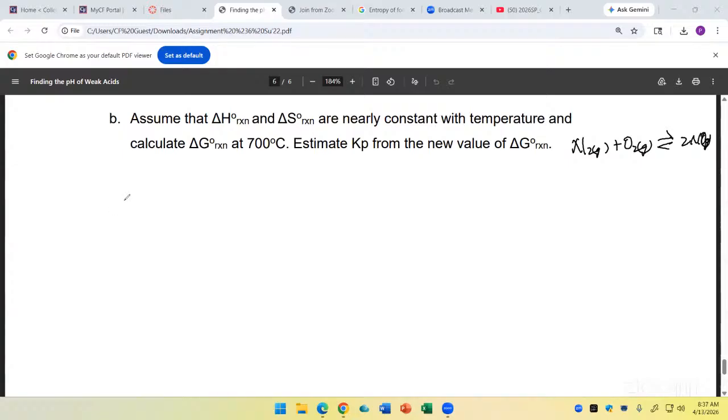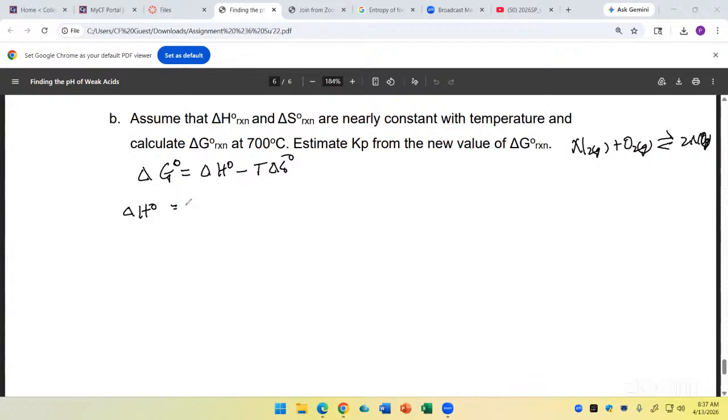The first thing I would do is try to find delta G standard, which would be equal to delta H standard minus T delta S standard, right? So I need to find delta H for the reaction first, and that means I have to go to the tables. I did that already, so in the interest of time, let me just show you what I got.